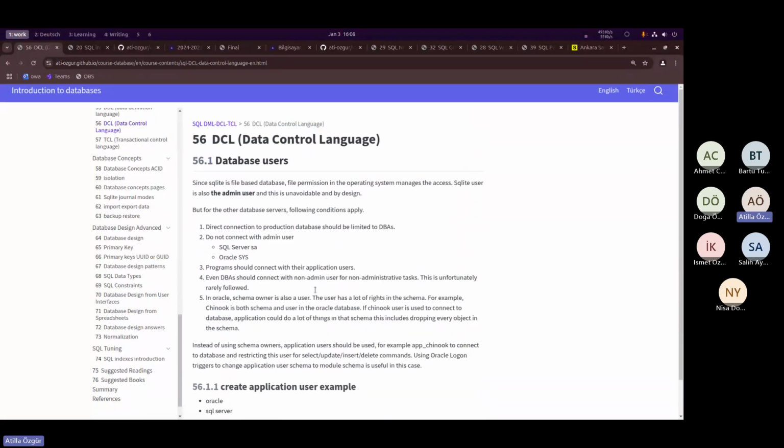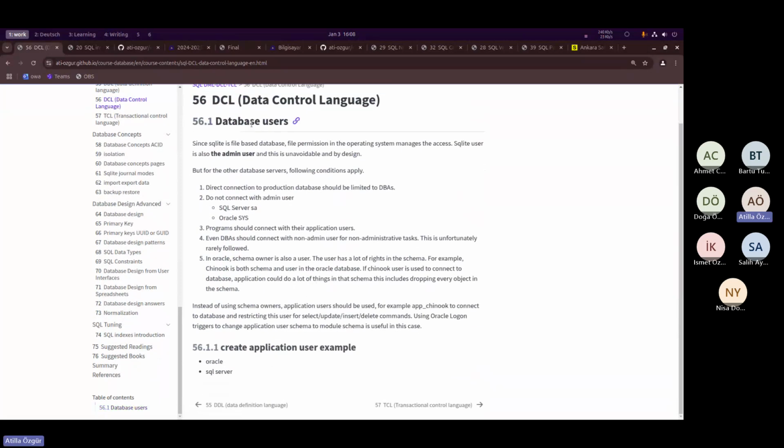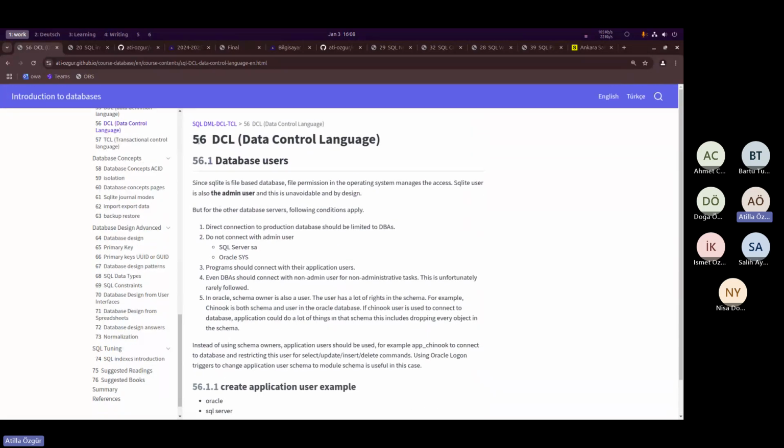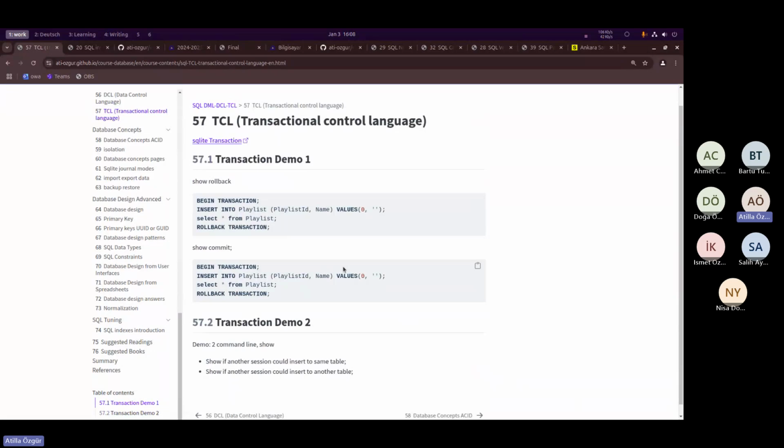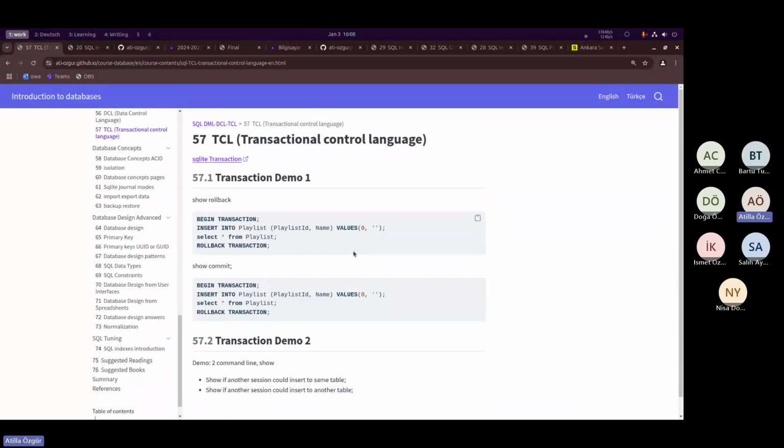And we have data control language. In SQLite we don't have anything, but we can create users and others in Oracle and SQL Server. And lastly, transaction control language. This is important, okay?